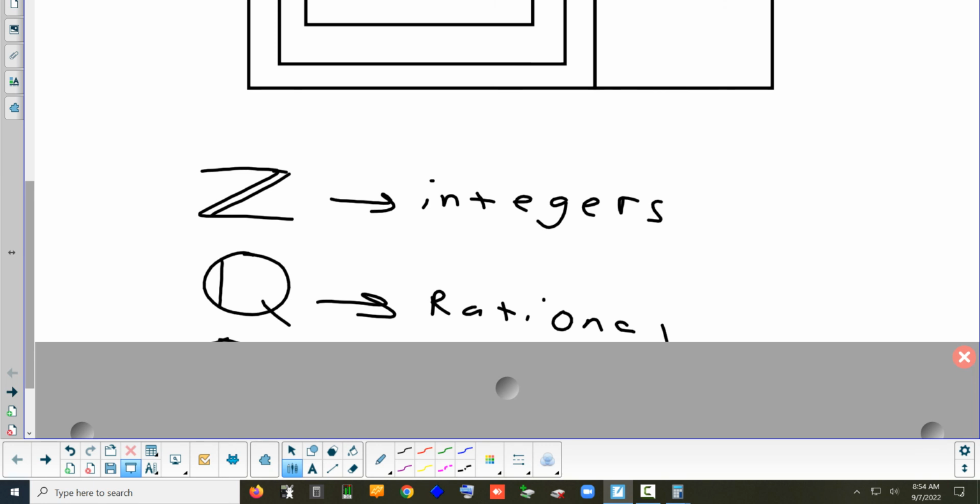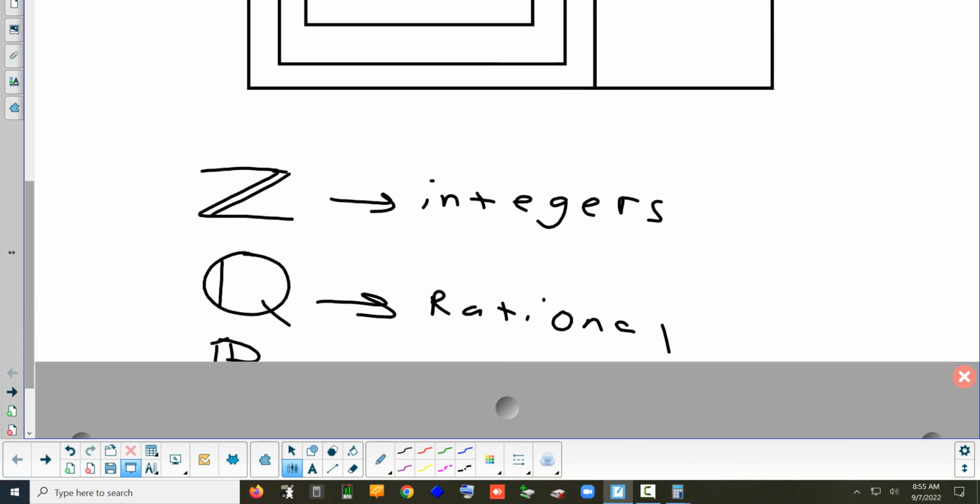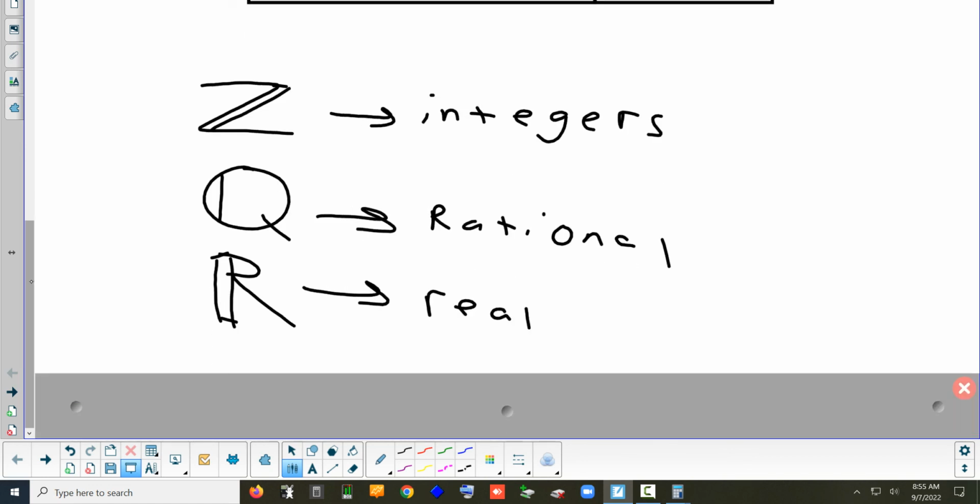Can anybody think of a word that begins with Q that has to do with fractions? Quarter. Quotient. When you divide two things, you get a quotient. So I'm guessing maybe that's where the Q comes from. And then a capital R with that extra line, that's the symbol that means real numbers.